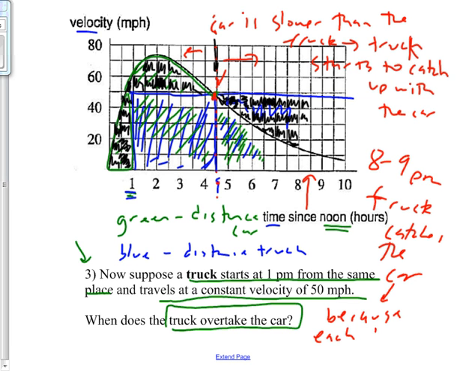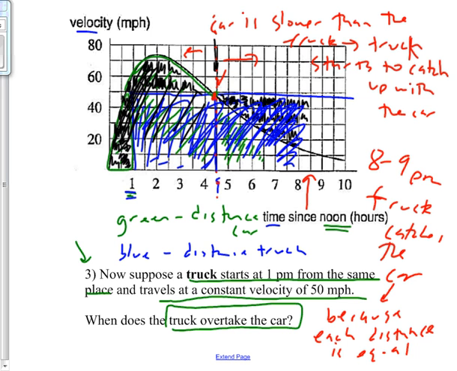And that happens because each distance, so the area under each curve, is equal. In other words, at that point, the total blue distance is roughly equal to the total green distance.